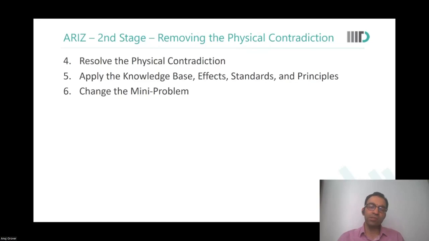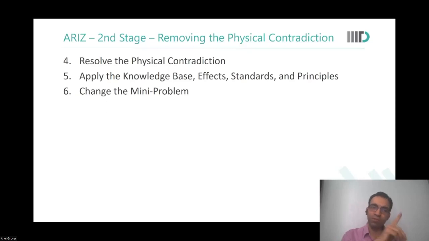In the second stage, we actually resolve the physical contradictions that we looked at. In this stage, we also apply knowledge base, we apply effects, and we apply standards and principles. And then if we see that the problem is still not solved, then we change the mini problem. We change the problem again.